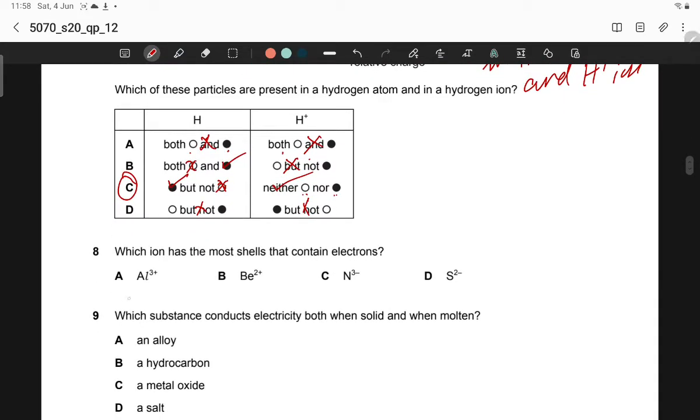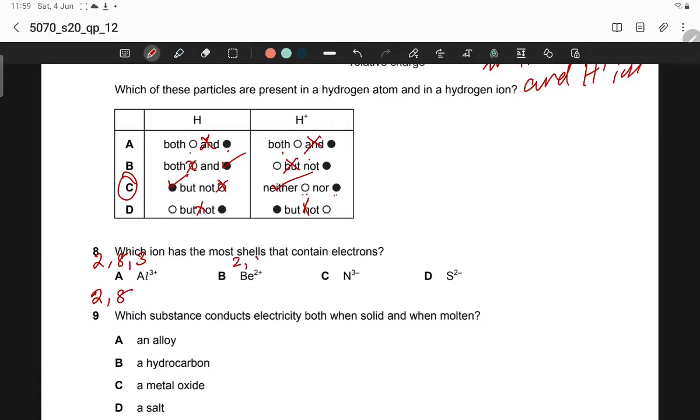Question number 8. Which ion has the most shells that contain electrons? Aluminium has 2, 8, 3 in the aluminium atom, and in aluminium ion 2 and 8.